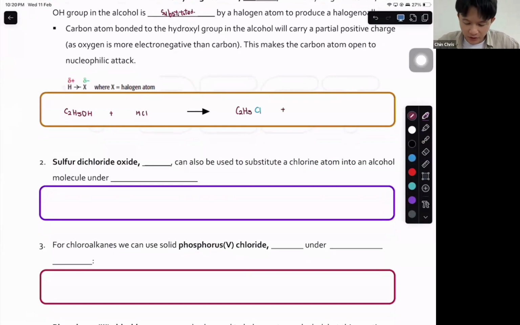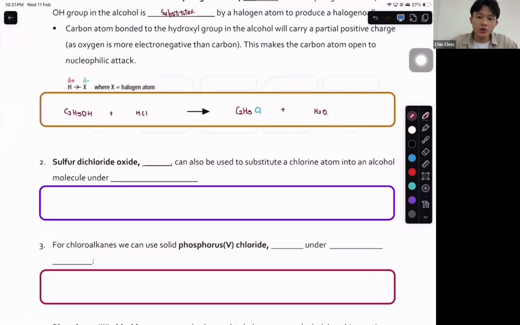Okay, then plus a H2O. That's it. Okay, please write it down.